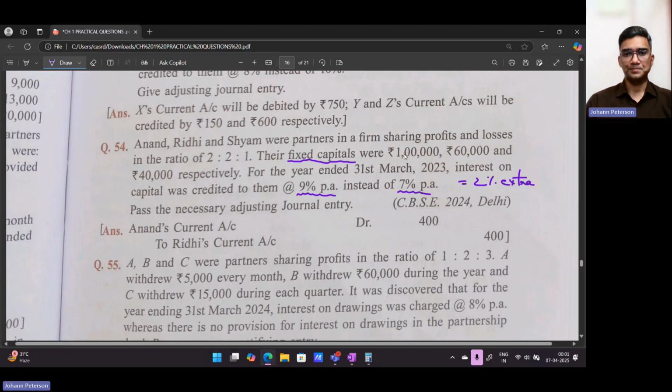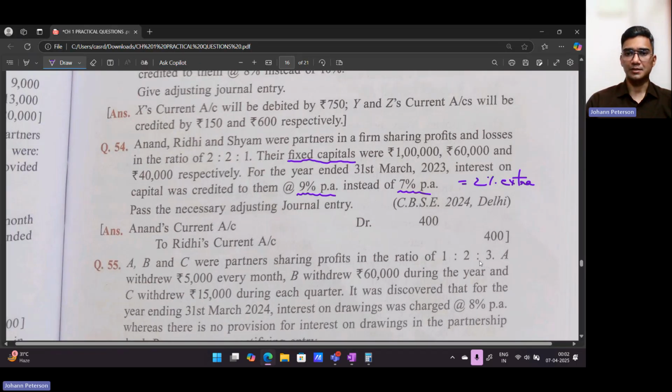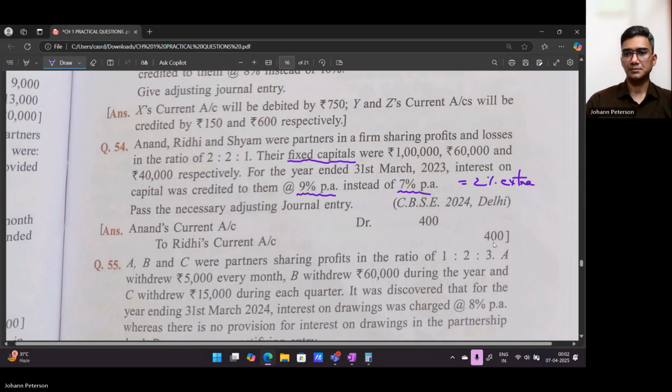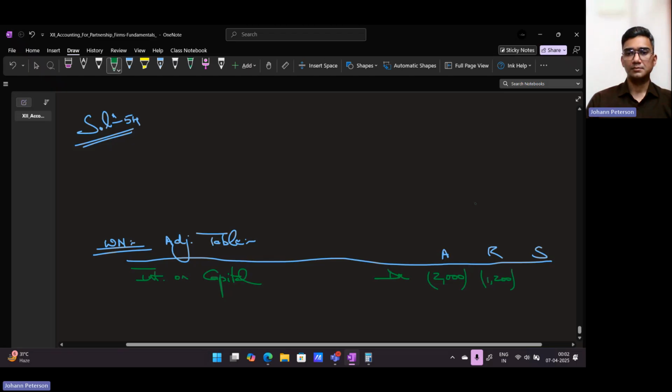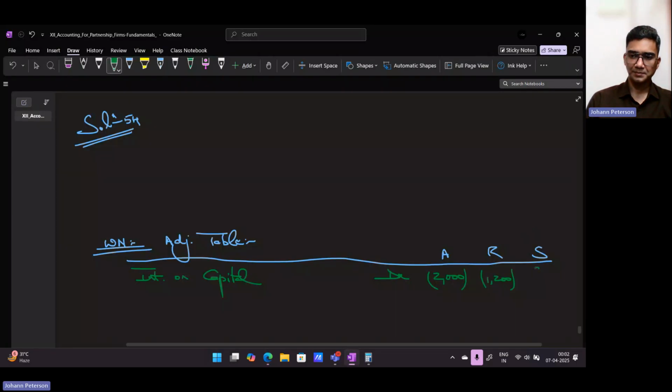So 2% on 1 lakh is 2,000. 2% on 60,000 is 6 twos are 12, so 1,200. 2% on 40,000 is 800.